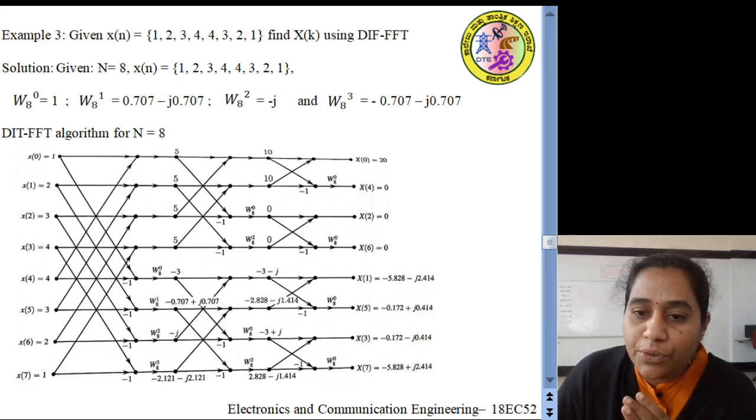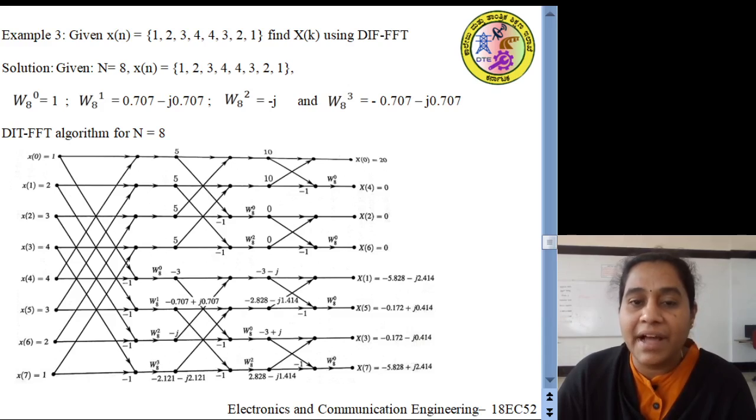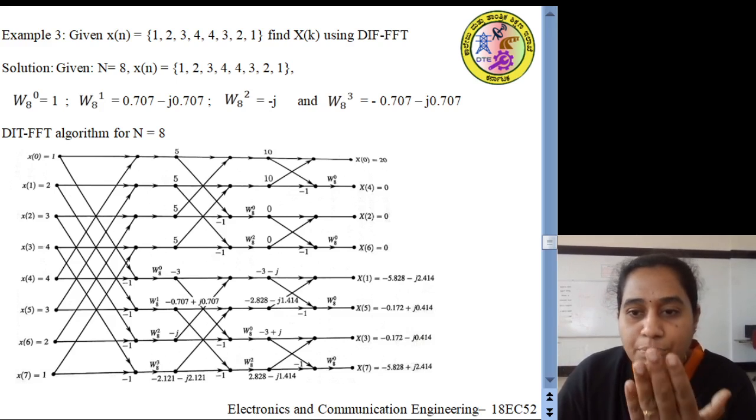And if we do the calculations, we obtain the output of second stage as 10, 10, 0, 0, minus 3 minus j, minus 2.828 minus j 1.414, minus 3 plus j, 2.828 minus j 1.414. And now we consider these outputs as input to the last stage.